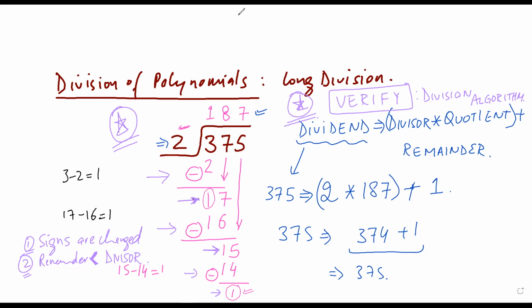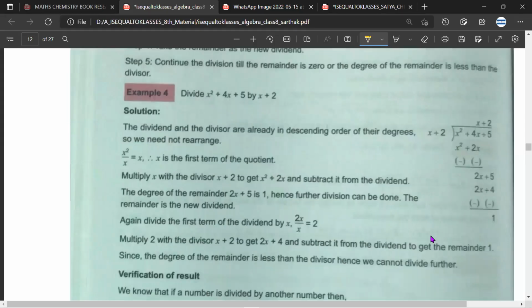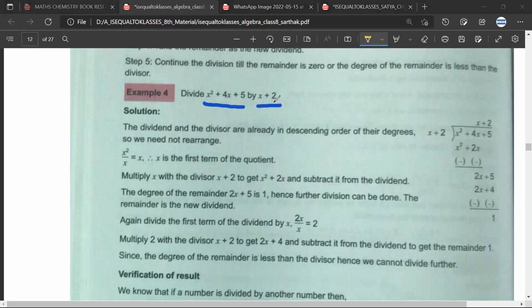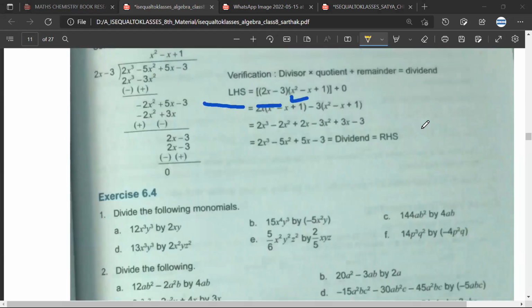Now look carefully. We'll start with the simple examples. So this is the simplest example: x square plus 4x plus 5 divided by x plus 2. You will find another type of question, and I'll show you that kind of question also.